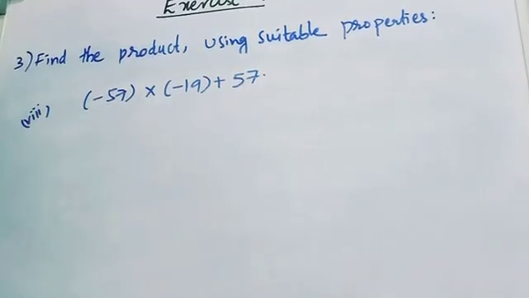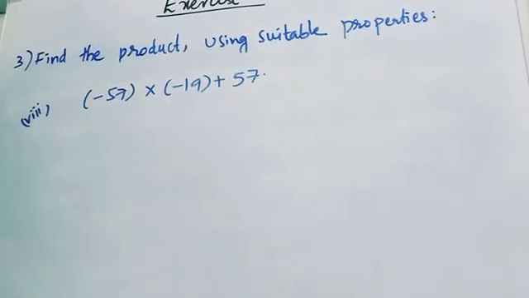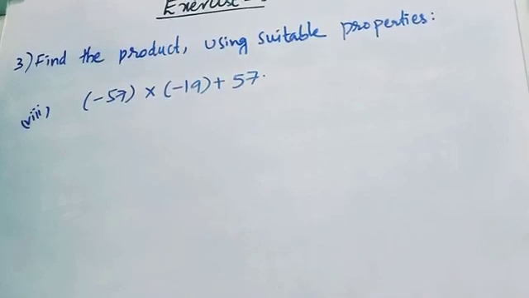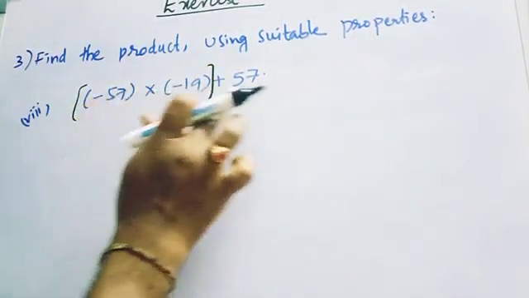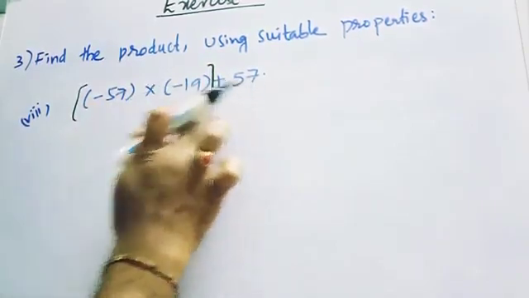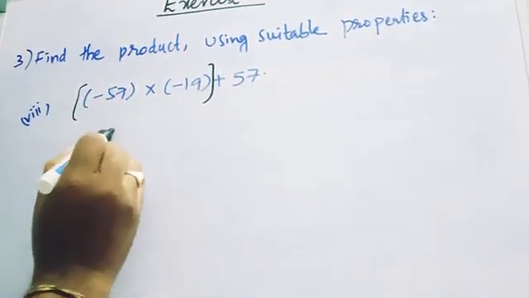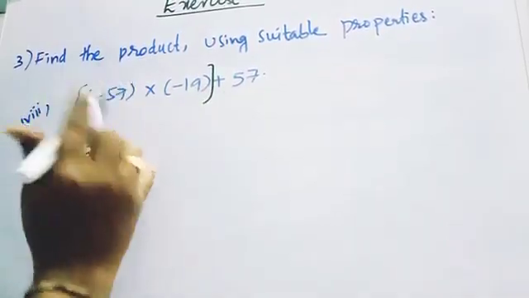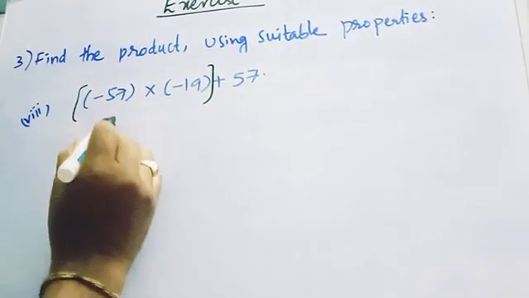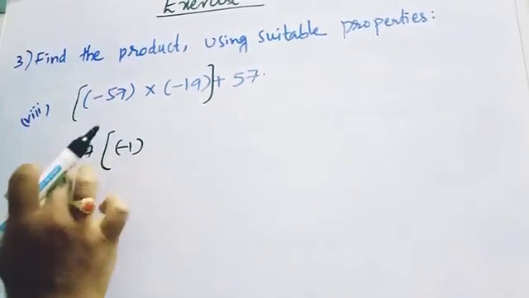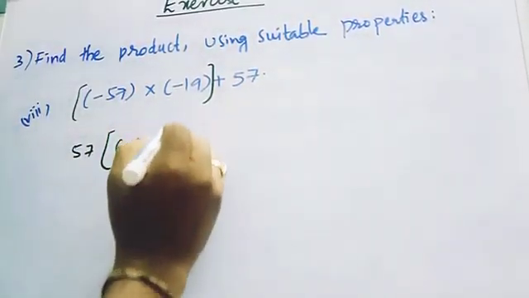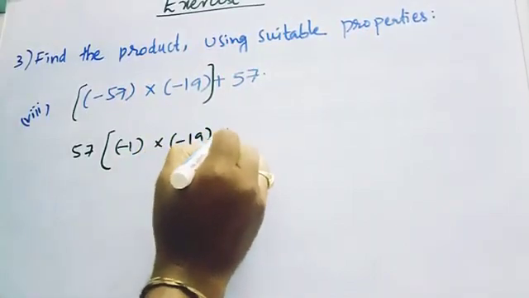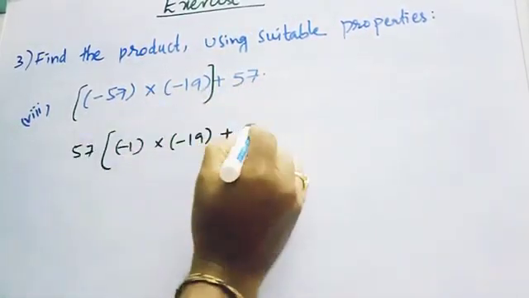Next question: minus 57 into minus 19 plus 57 is given. Here we can't use any rule directly. You can separate these into two different terms. Now from these two terms you can take 57 as common. So you will get minus 1. So minus 57 into minus 1, which gives minus 57 into minus 19, plus 57 is already there, so you should take 1 here.